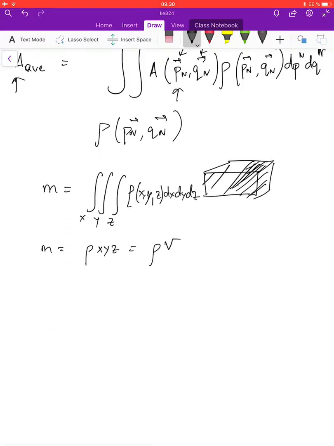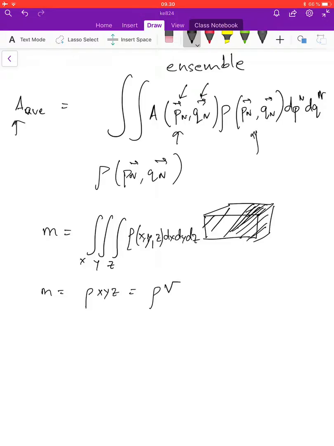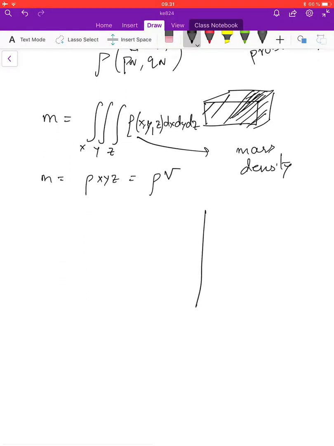Similarly, the rho defined here is a probability density. Just like the rho here is a mass density, the rho here is a probability density. What does that mean?